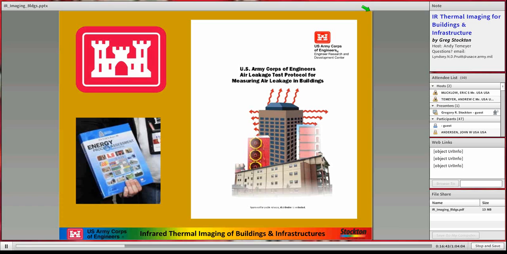All right, so there's a document that the U.S. Army Corps of Engineers created called Air Leakage Test Protocol for measuring air leakage in buildings. Great document, and its best use is in new buildings. The bad news is, guys and girls, fixing buildings that are broken, that are old, there's almost no payback to it.